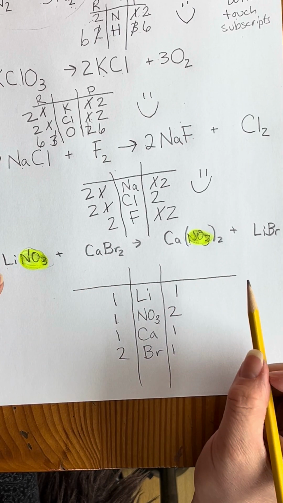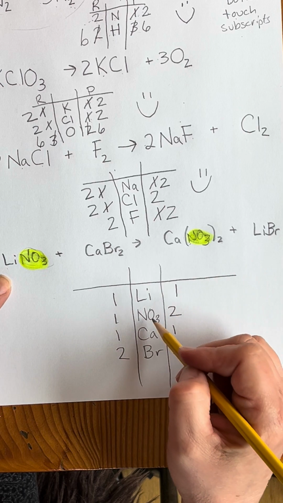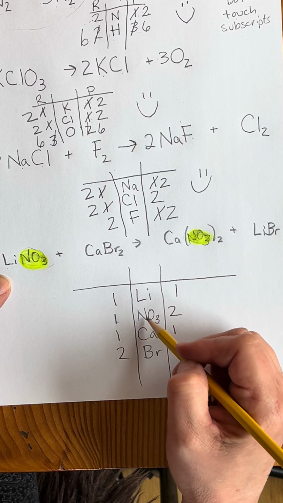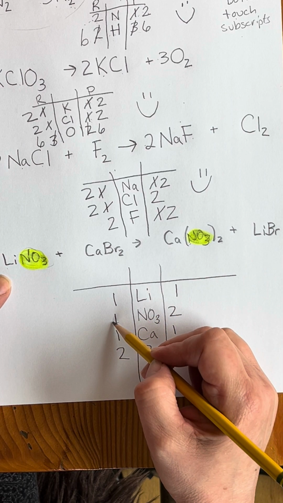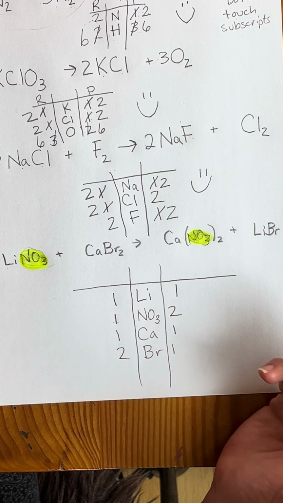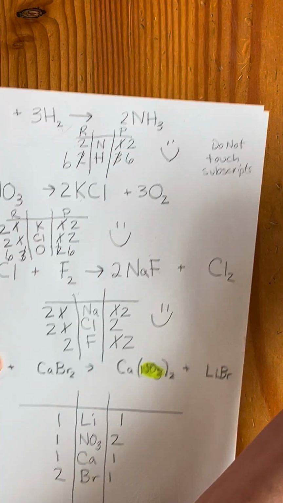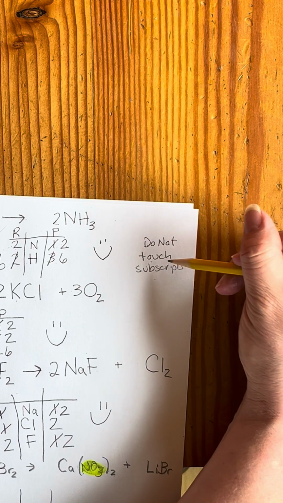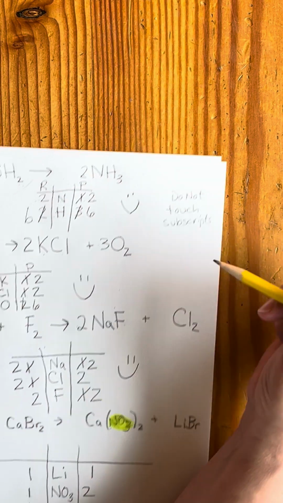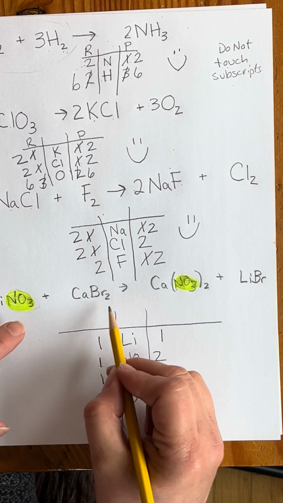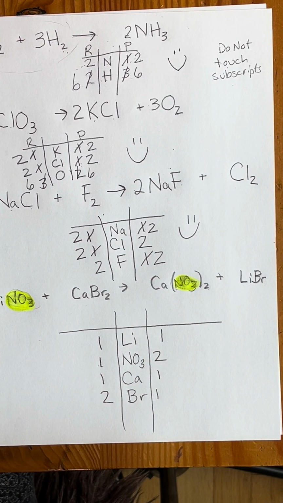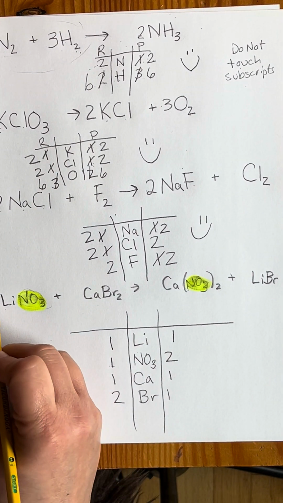All right, let's start to balance. Lithium is good. Now, the turkey, nitrate, we have 1 on this side and 2 on that side, so we need more. Now again, when balancing chemical equations, do not touch the subscripts, all right? We can't stick little 2's down there. It's not allowed, okay? So we have to do coefficients.